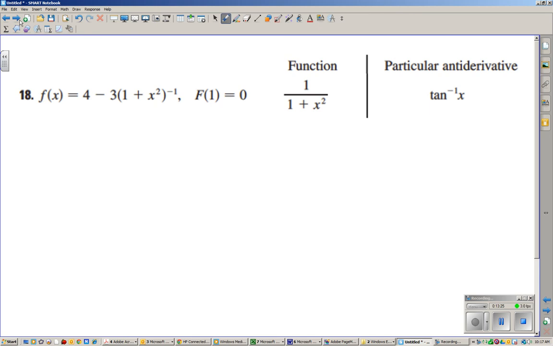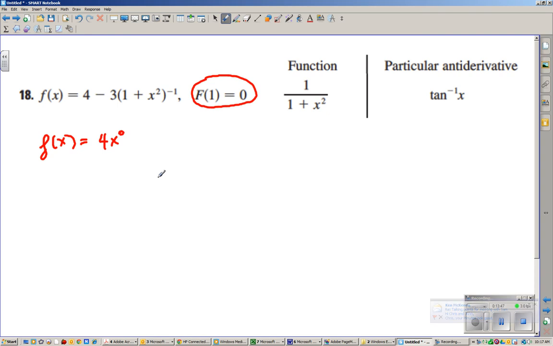Now, 18 is a little different because it provides us with what I call some additional information, which we'll use at the end. So take a look at it, and before you do, consider the fact that we have 4x, or f of x equals 4, isn't it x to the 0?